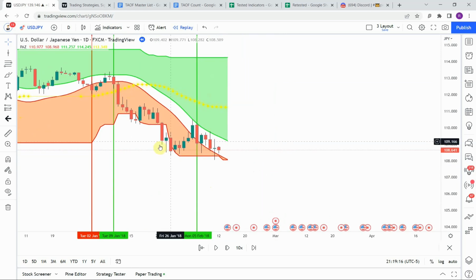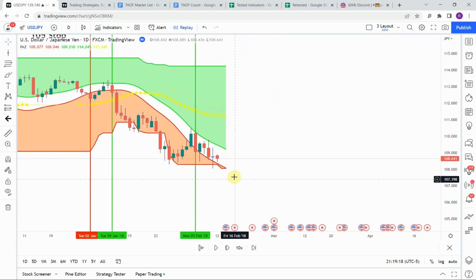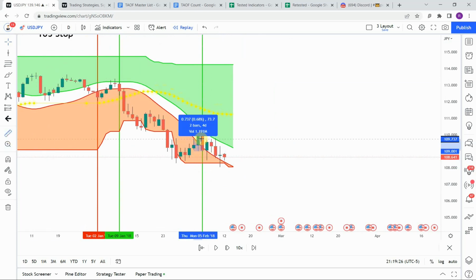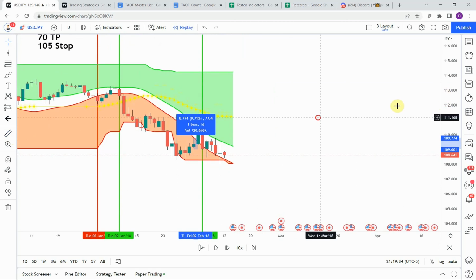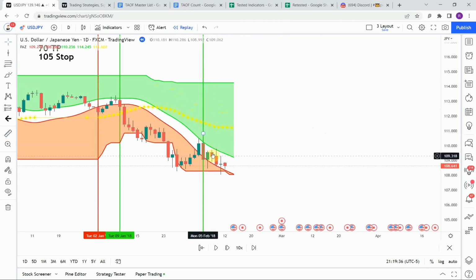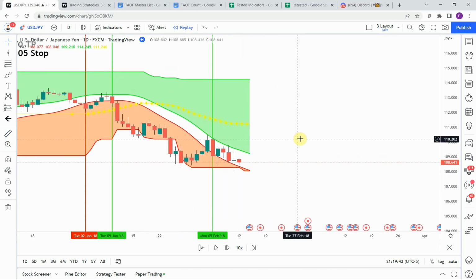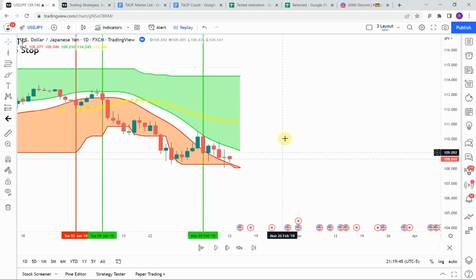So we get this pullback into here and then a break back down to the downside here and a close within the reddish orange zone there. Looks like we get a little bit of a pullback right there, not quite enough to stop us out before we then make a push to the downside. That push does get us to our take profit. Let's go ahead and continue on.